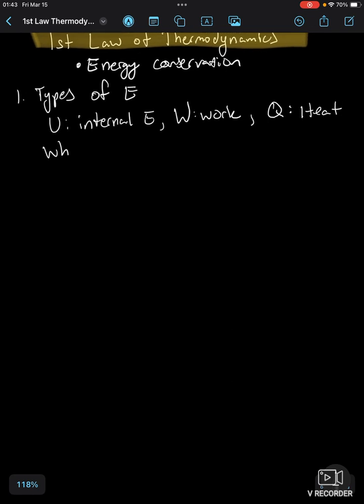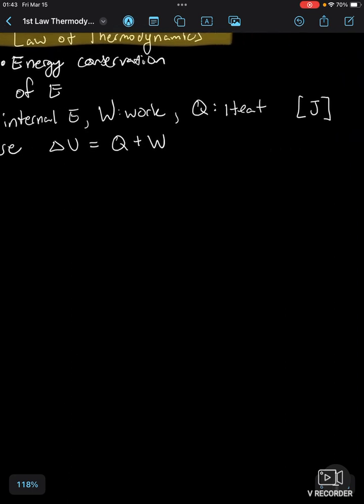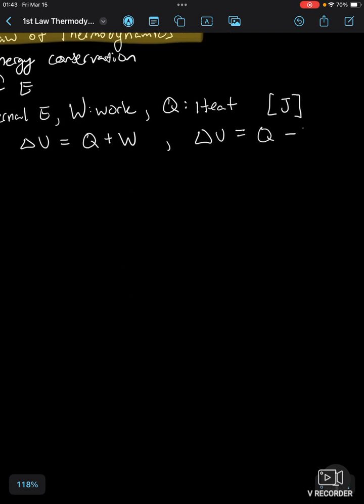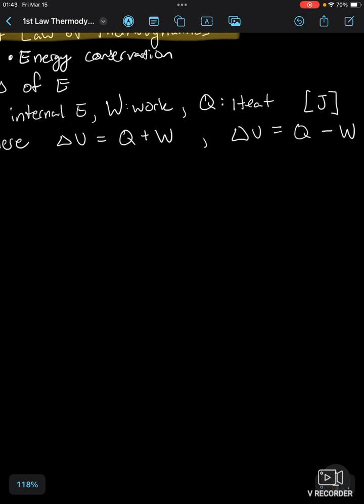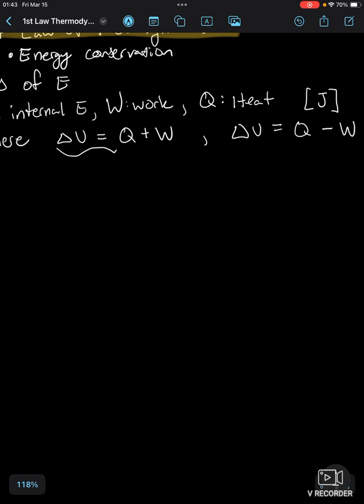And this is going to be where the change of the internal energy is the heat plus the work, or this is where this law gets very fun, is equal to the heat minus the work. Now, why is there a change of sign? We will talk more about this as this goes on. But essentially, this is work on the system.